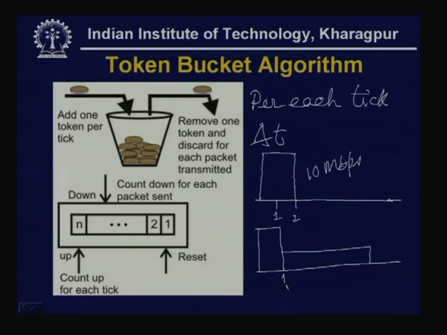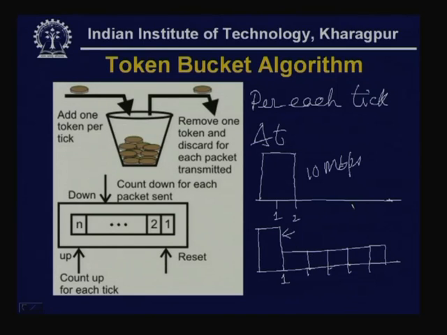So in 6 seconds all the packets are transmitted. As you can see, initially there were accumulated tokens, and because of that the data is transmitted at the rate at which it has been introduced into the network, and after that it is transmitted at the token rate.